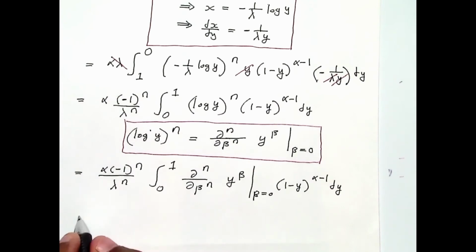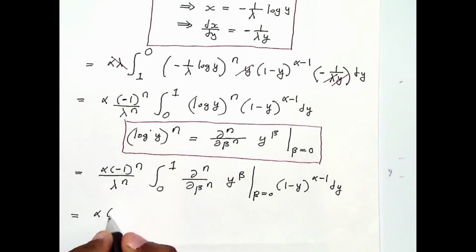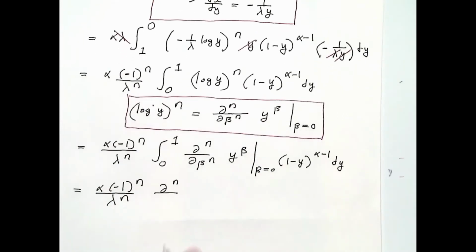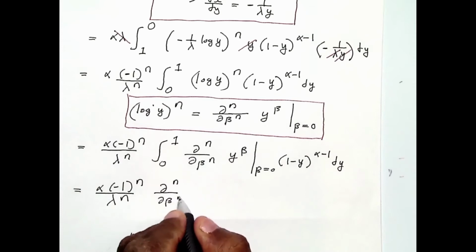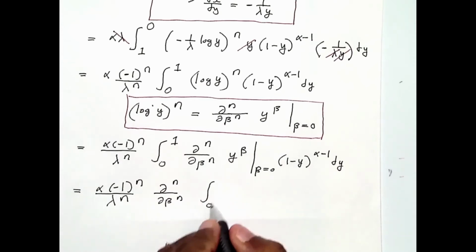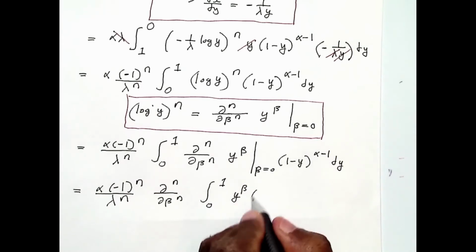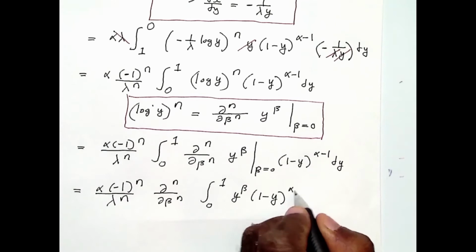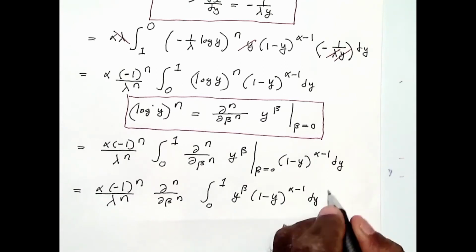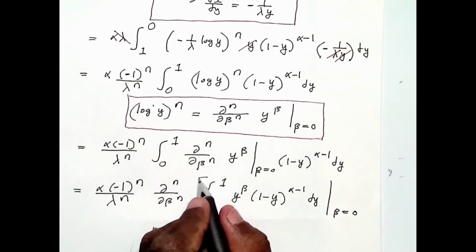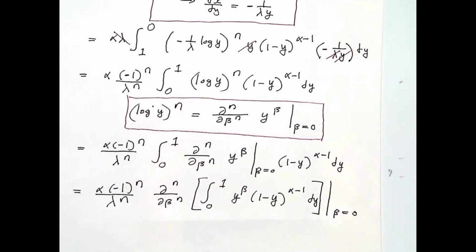All right. So this will become the integral from 0 to 1 of y power beta, (1 minus y) power alpha minus 1 dy, set at beta equal to 0.